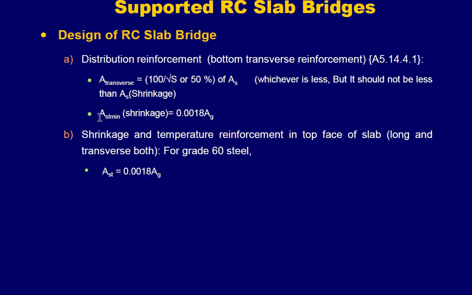A_st minimum for shrinkage is equal to 0.0018 of the gross area. The shrinkage and temperature reinforcement in the top face of the slab, longitudinal and transverse both, for grade 60 steel is 0.0018 times Ag, and it is different for grade 40 steel.